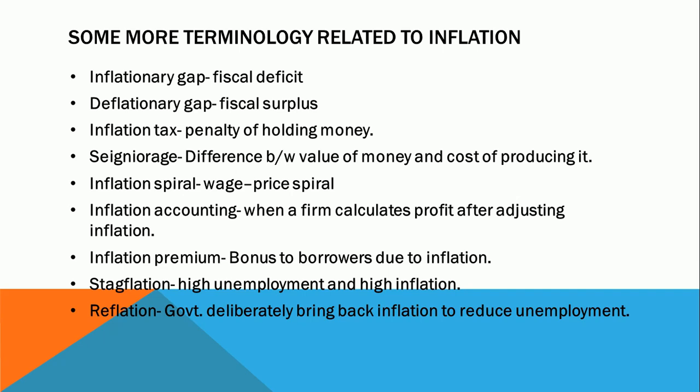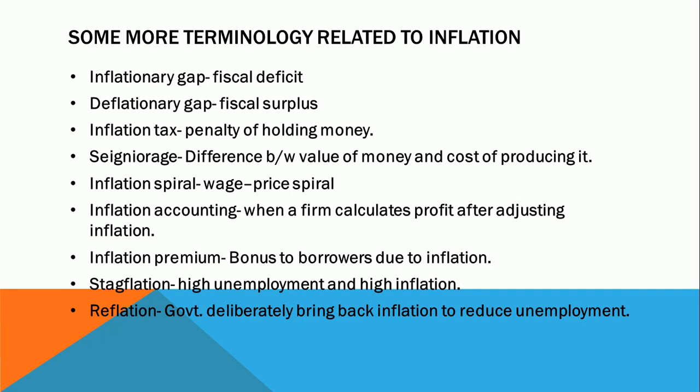Inflation spiral. It is kind of a vicious circle, that when there is inflation, say prices are high, so people are going to demand high wages. Because the prices are high, I am not able to buy things, so I will demand high wages.